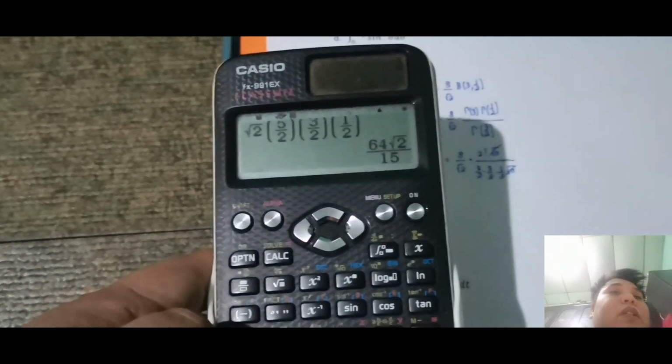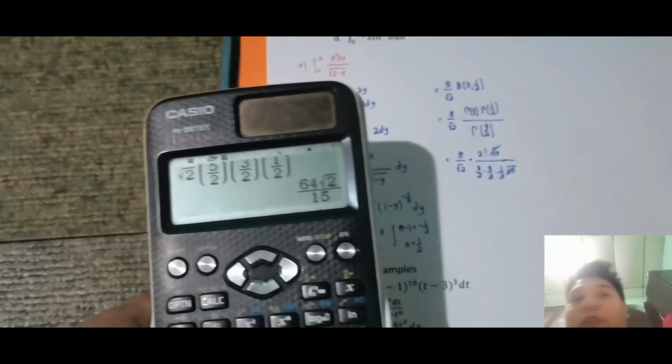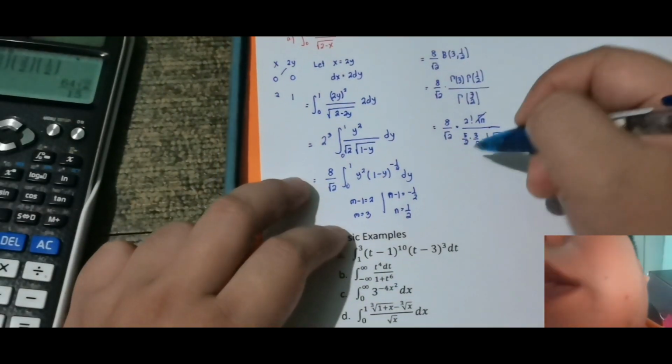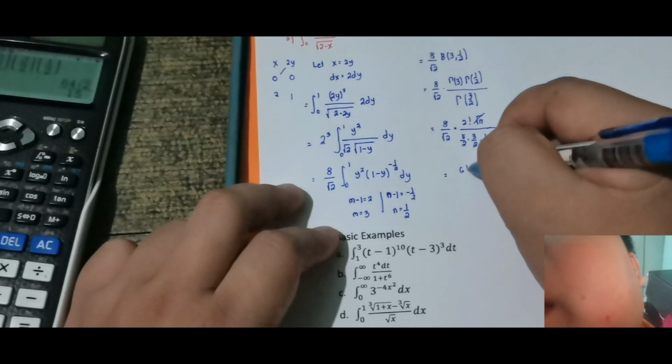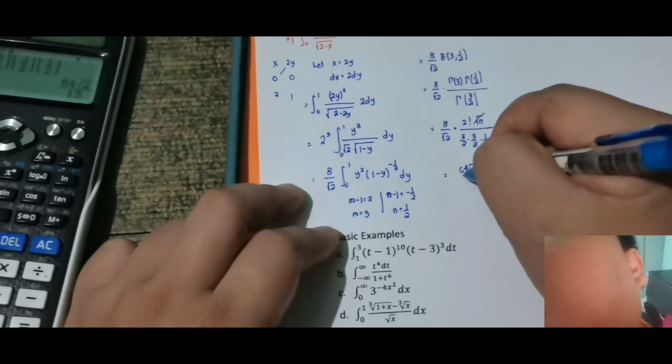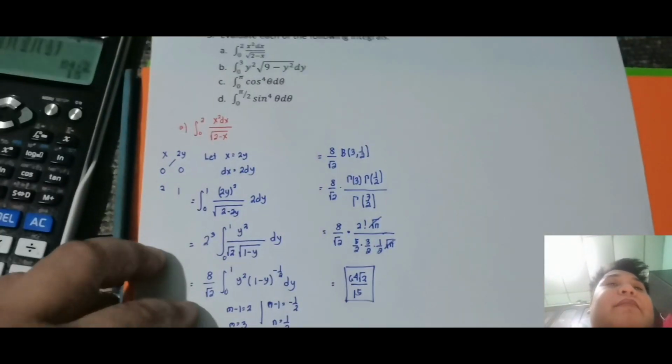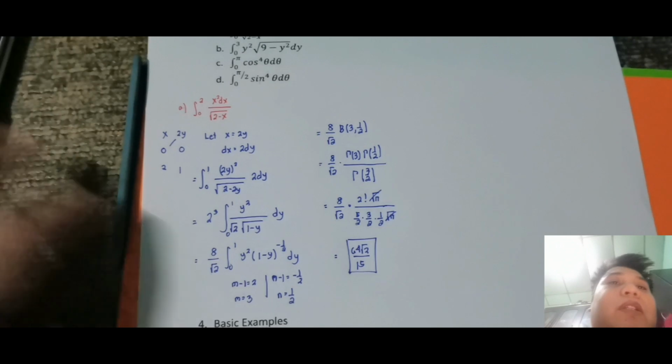Okay, so na-cancel kasi. So therefore, that is simply 64 square root of 2 over 15. So tama ako. So this is just equal lang naman sa 64 square root of 2 over 15. So therefore, the integral is this. Basic. So I guess di ata kasya lahat ng papel ni sir dito.